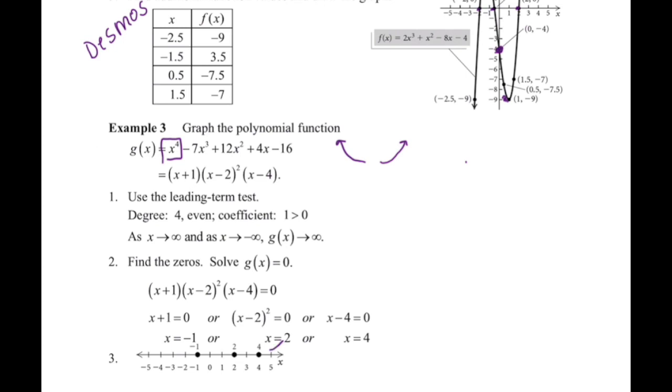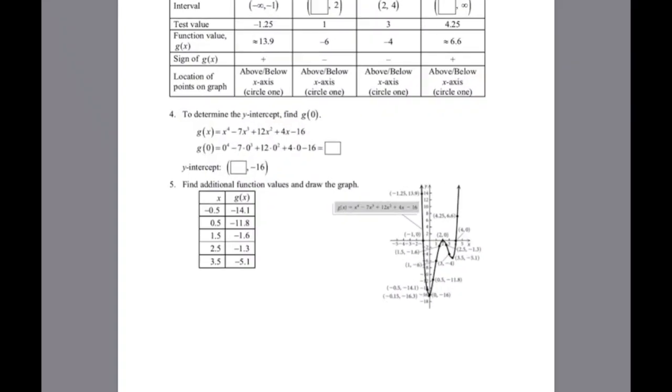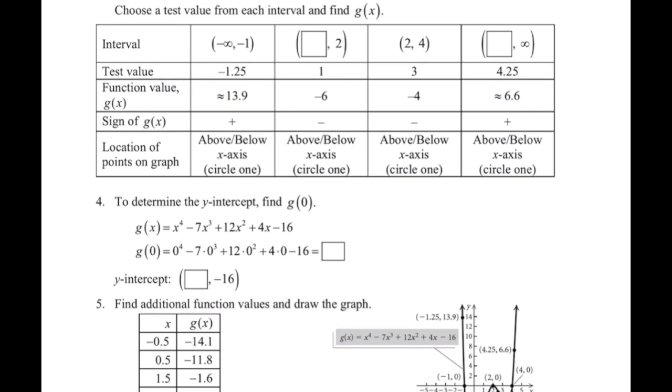So I know on the right-hand side we're going up, and on the left-hand side we're going up, but what's going to happen in between each one of those intervals? We had the intervals from negative infinity to -1, -1 to 2, 2 to 4, and then 4 to infinity.